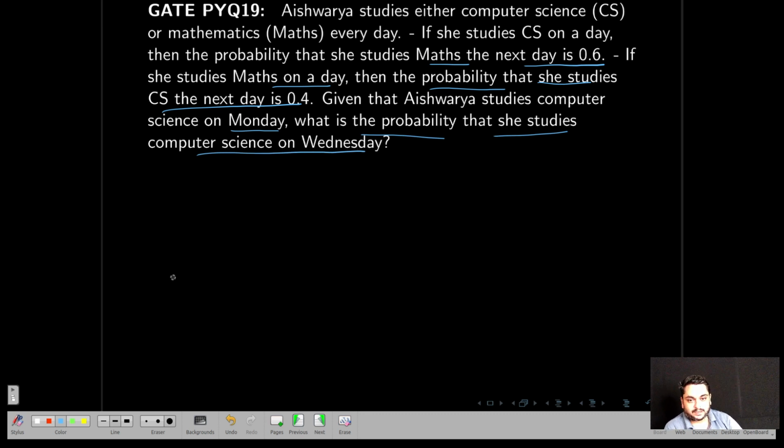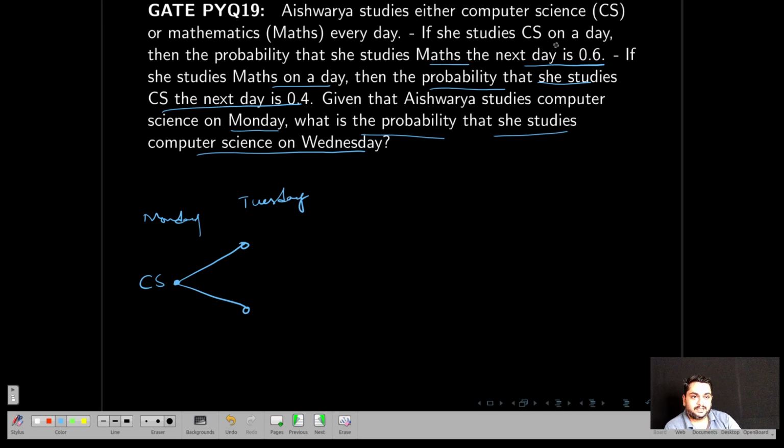Okay, so let us start with, say, Monday. She starts studying Monday. So what is the subject she starts studying on Monday? She starts with computer science. This is already fixed. They are given. So from here, what about Tuesday? Okay, they already given that.